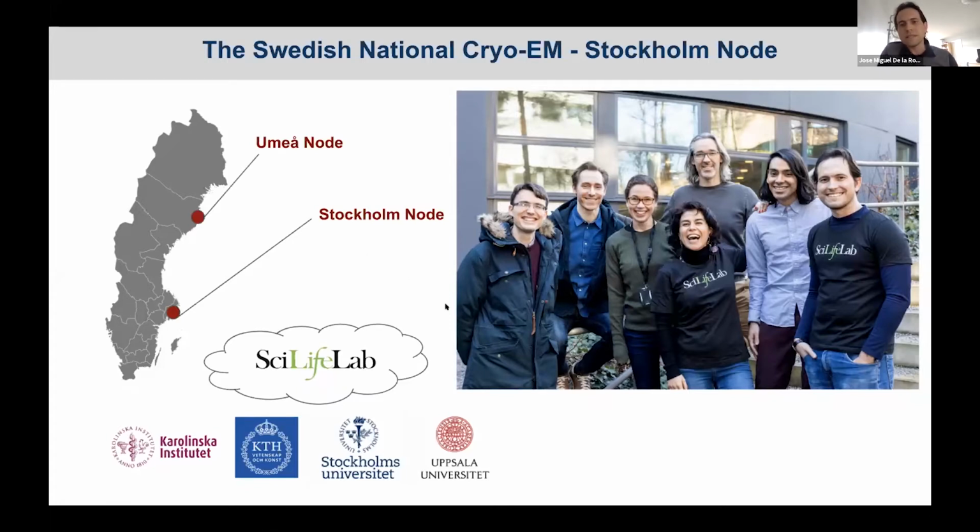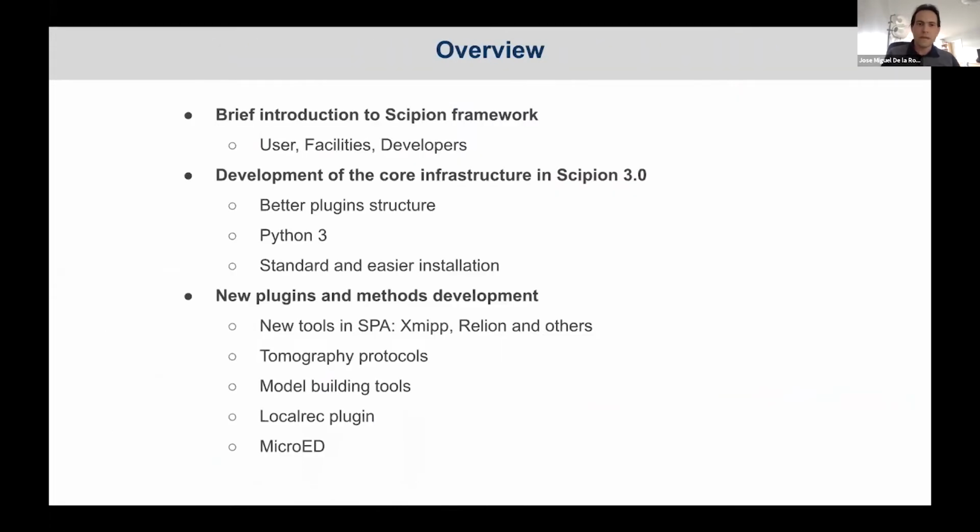In that sense, we have also been focused on software development and the development of different techniques for serving our community. So in this talk, as an overview, I will have 3 main points. First, I will briefly present Scipion, what it is, in very short terms, especially thinking about different perspectives or interests when you are using this framework, this software tool.